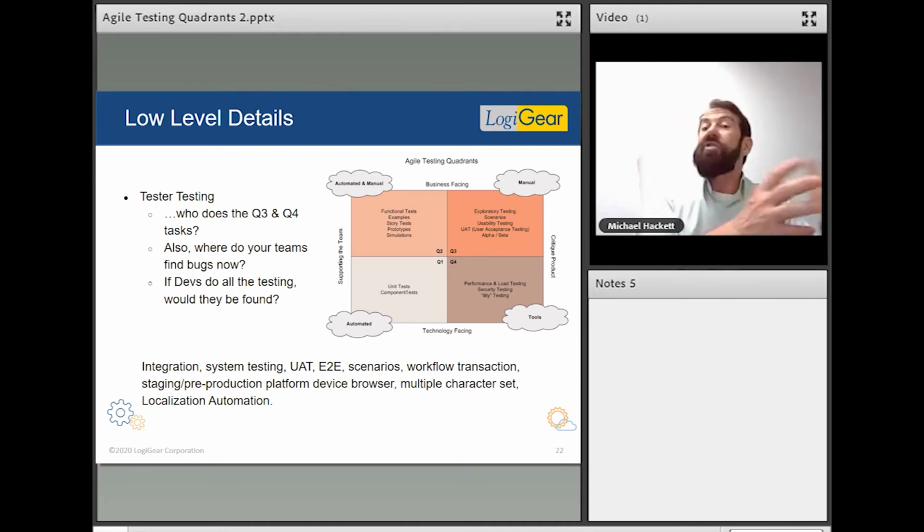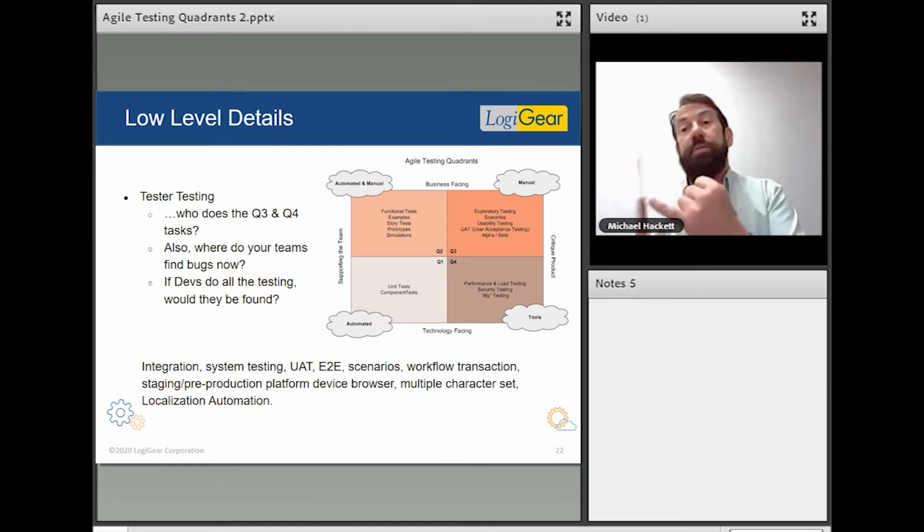Could testing tasks be shifted earlier so that you find the bugs earlier, when they're cheaper to fix? And if your devs do take on more tasks early on in quadrant 1 and quadrant 2, would that really reduce the need for quadrant 3 and quadrant 4 testing? Would they be finding the kind of bugs that you would find in exploratory testing, end-to-end testing, system level testing, user acceptance testing? That's usually a difficult answer.